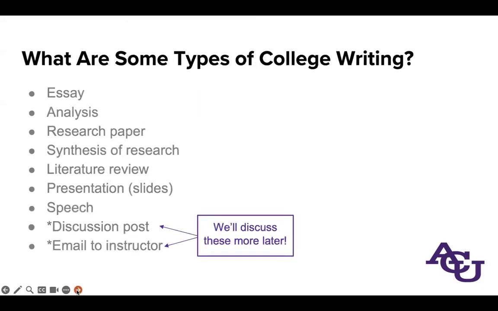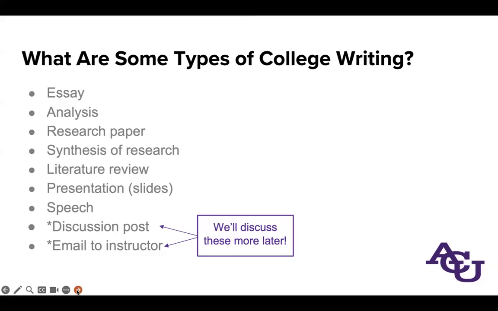So let's move on to what are some types of college writing. We're all familiar with writing an essay. You might be asked to write a paper where you analyze someone else's work. You may do a research paper where you need to go find some sources and see how they support a central idea. You may need to do a synthesis of research where you're talking about how different sources come together to elucidate a common point.